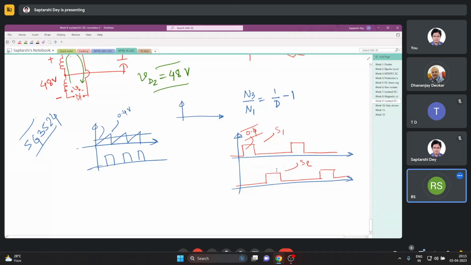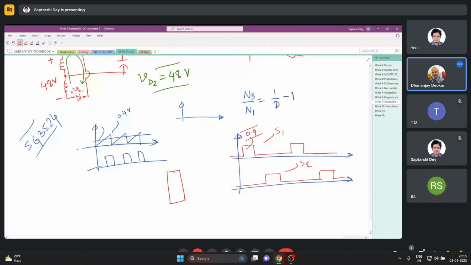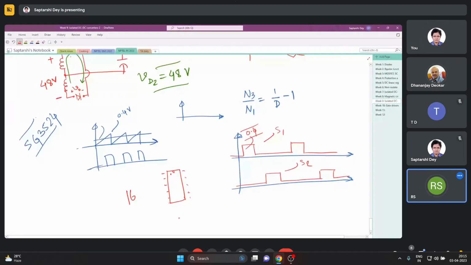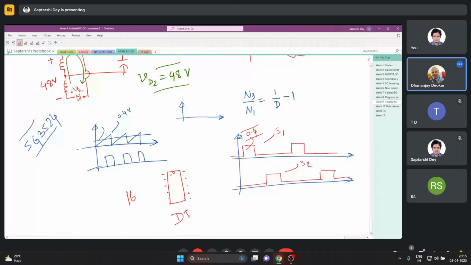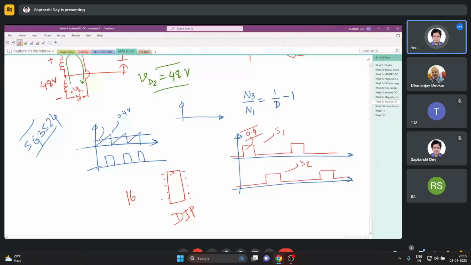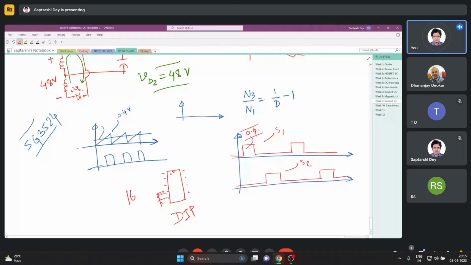This IC is just positioned this way. There are 16 pins on it, 8 on each side, dual inline package. Somewhere here in pin number 6, 7 or 8, I think you have to connect the RC network, which will decide the frequency.